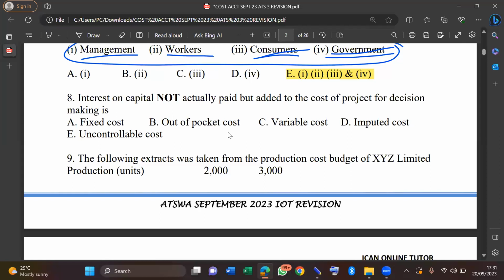You think? I wouldn't be taking anything think. I want it to be specific. Interest on capital that we did not pay, but we add it to the cost of a project in order to make a decision is called what?